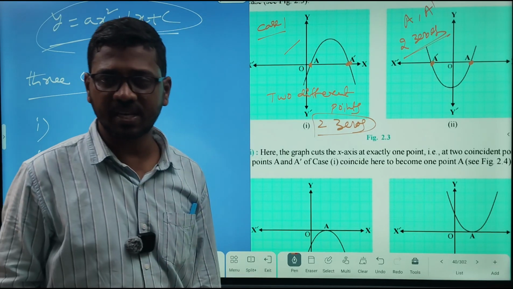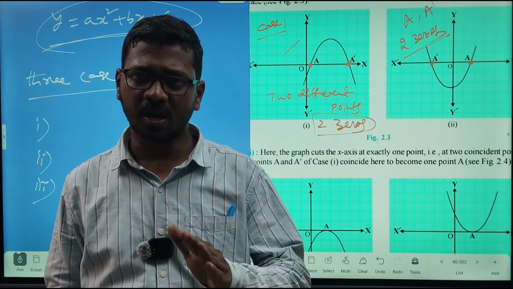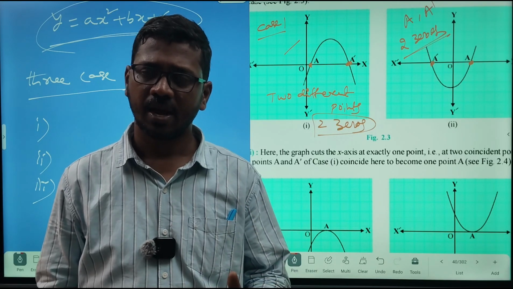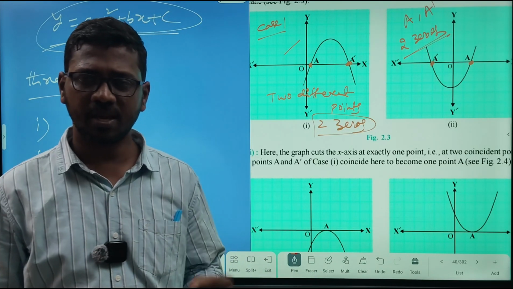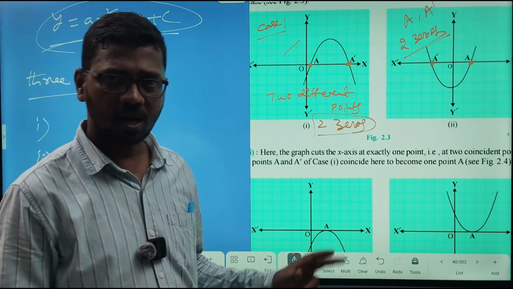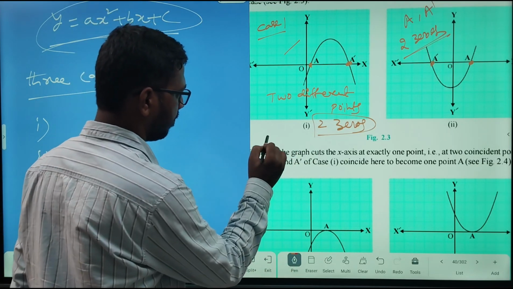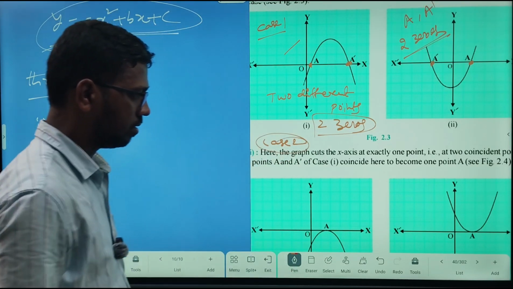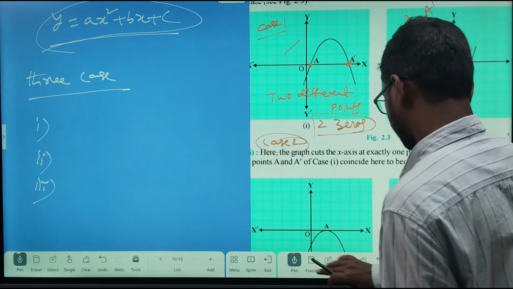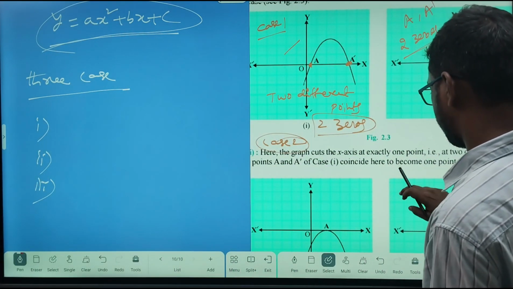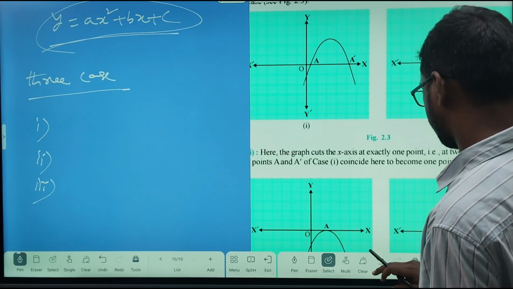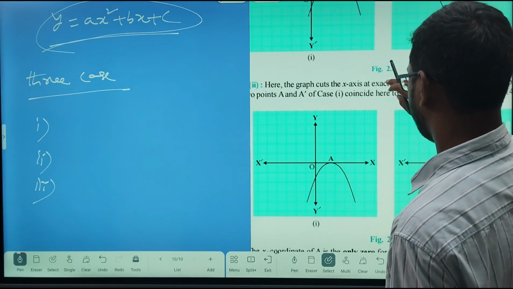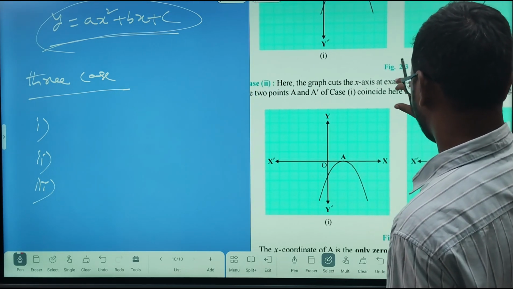In case 1, what we discussed: whenever the curve touches or cuts the x-axis at 2 different points, then it will have 2 zeros. Coming to case 2. Yes, this is case 2.